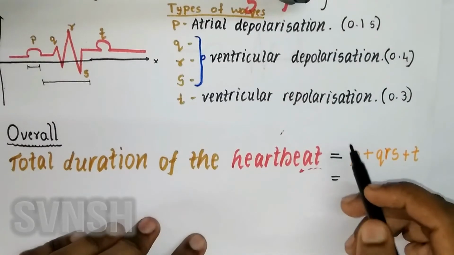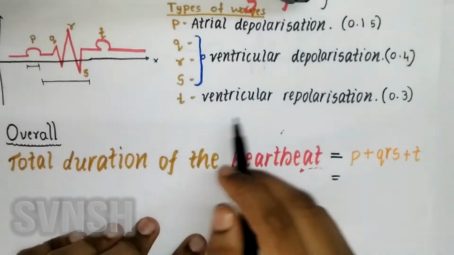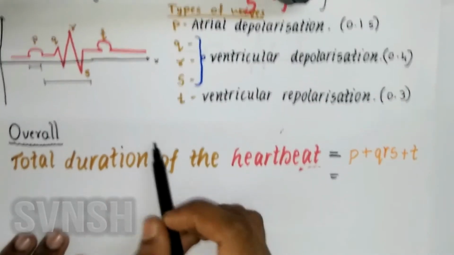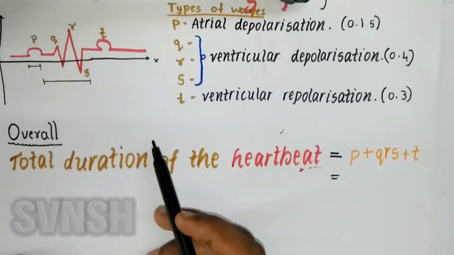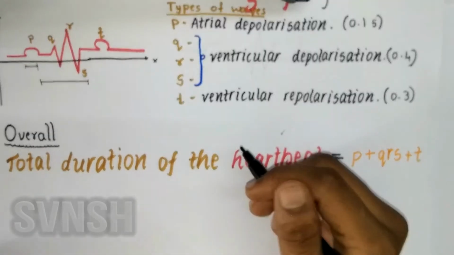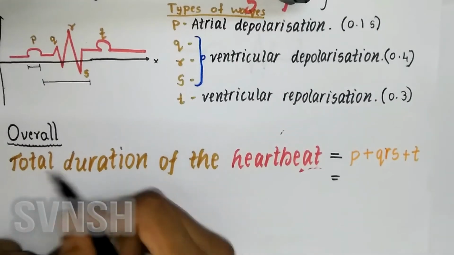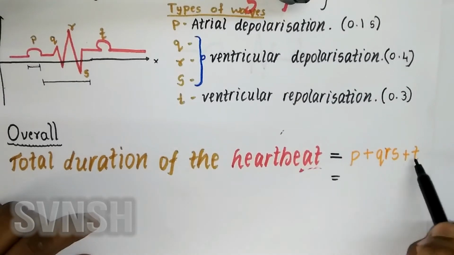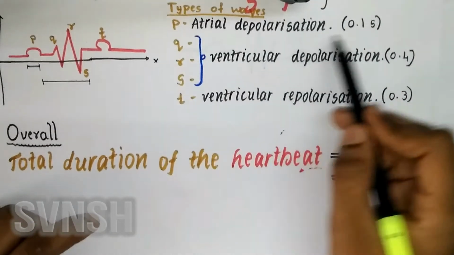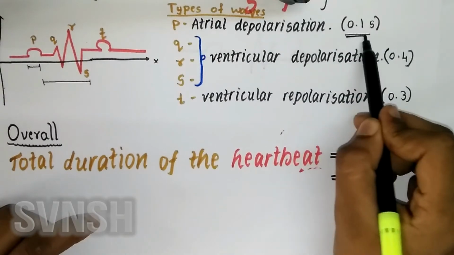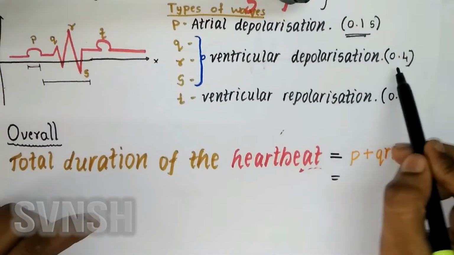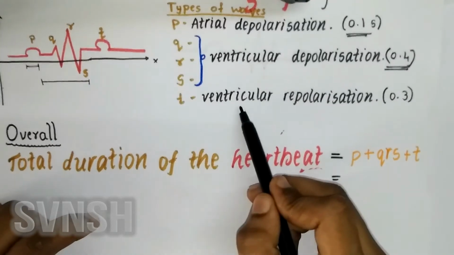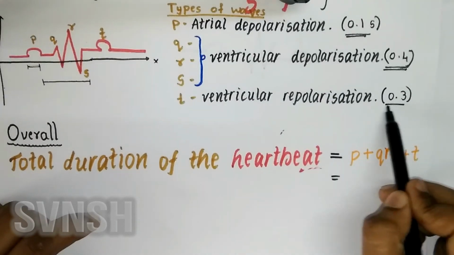After all these waves, the ECG of a person has been completed, and this is the graph as we studied. Now, what is the overall duration? Let us do the calculations. The total duration of the heartbeat is P plus QRS plus T. The P wave is 0.1 second, QRS represents 0.4 seconds, and the T wave, the final wave, represents 0.3 second.